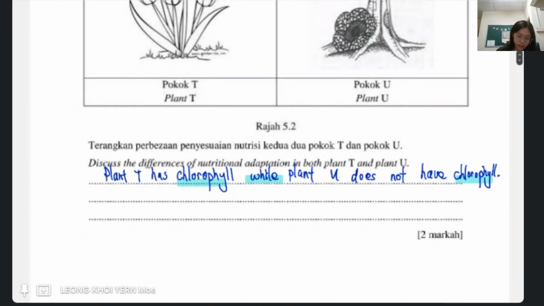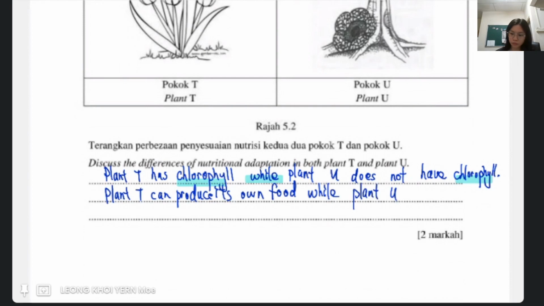And then plant T can produce its own food, or carry out photosynthesis, while plant U obtains nutrients from the host.